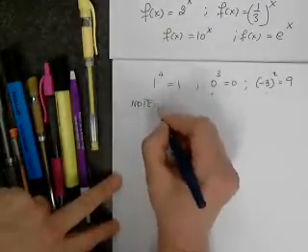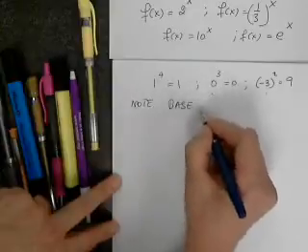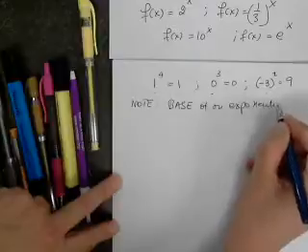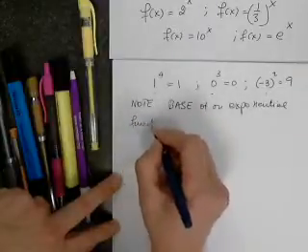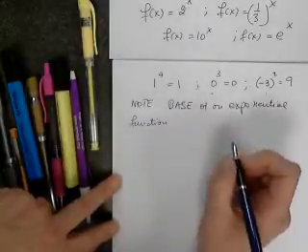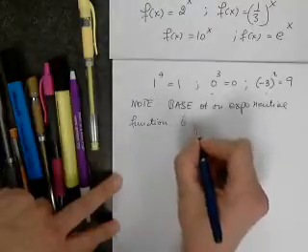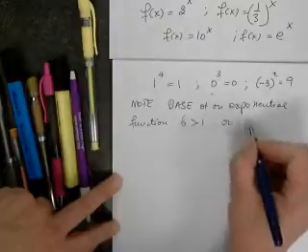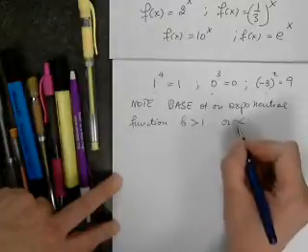Note, the base of an exponential function, we will call it lowercase b, must be greater than 1 or between 0 and 1.